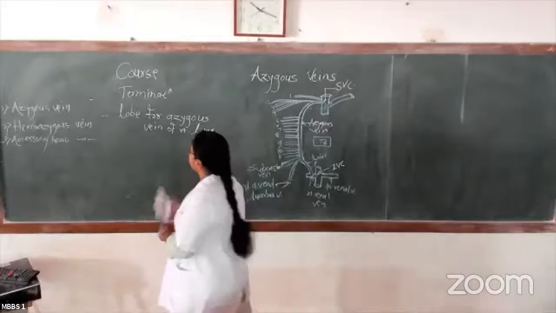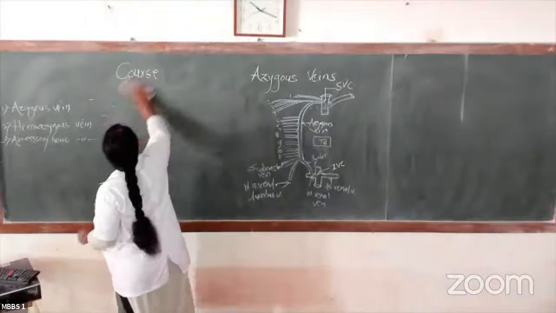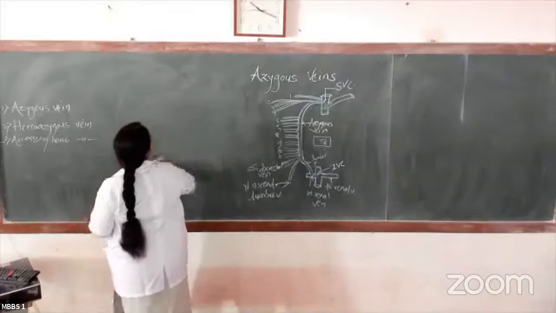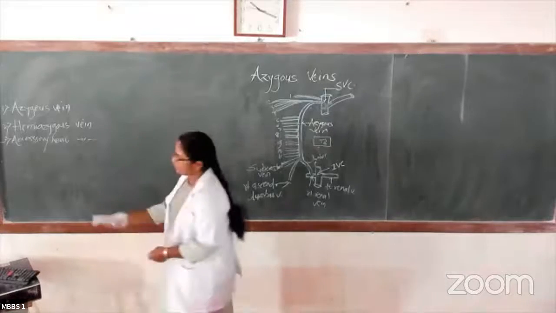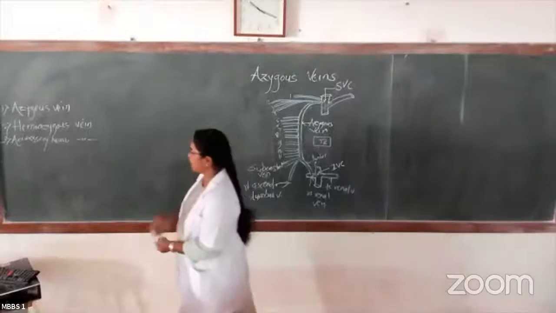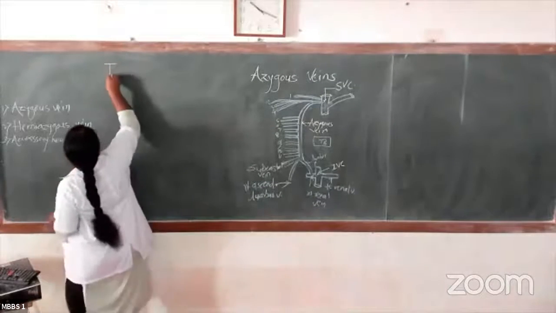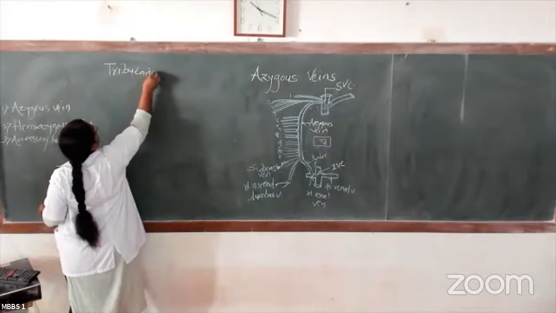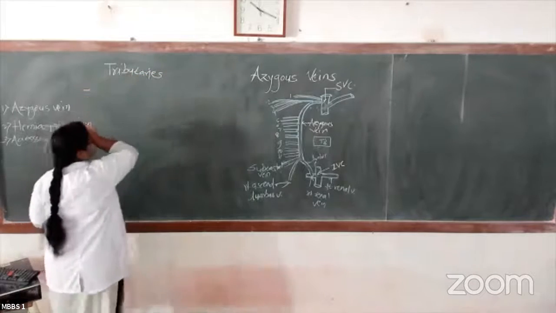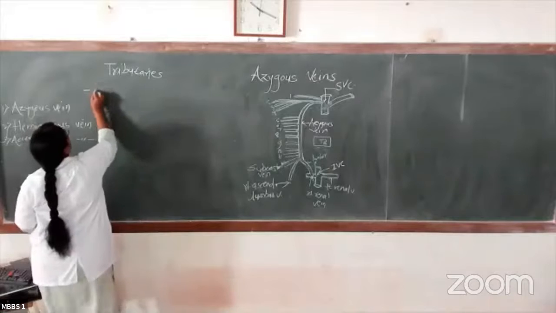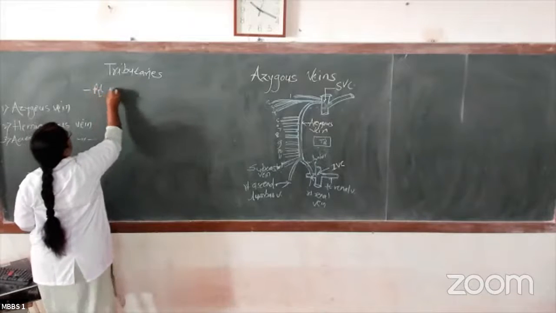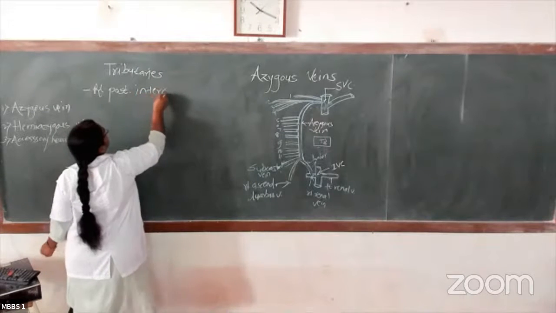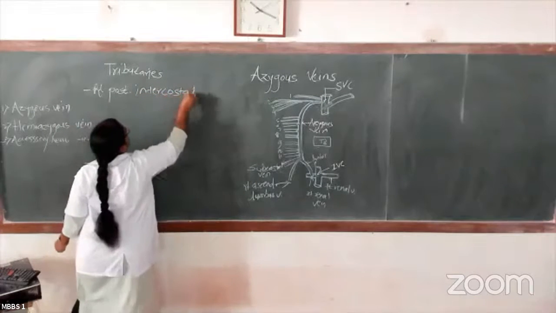Now, after termination, we'll see the tributaries of this azygous vein. Right-sided posterior intercostal veins, except the first vein.